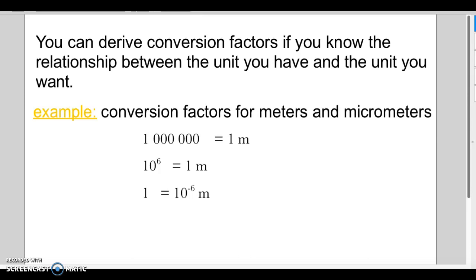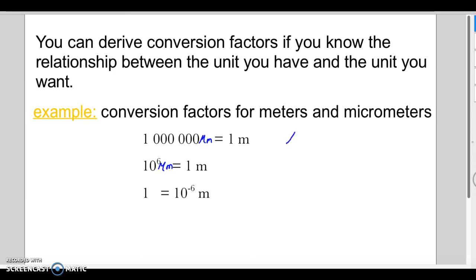There are certain metric units you will be expected to memorize, and one of those is micro and the base unit. So one base unit, which could be a meter or a gram, is going to have 1,000,000 micrometers in it. Or you could write it in scientific notation, that's 10 to the 6 micrometers.